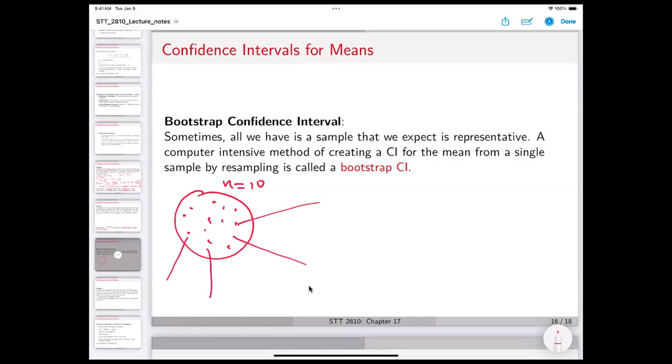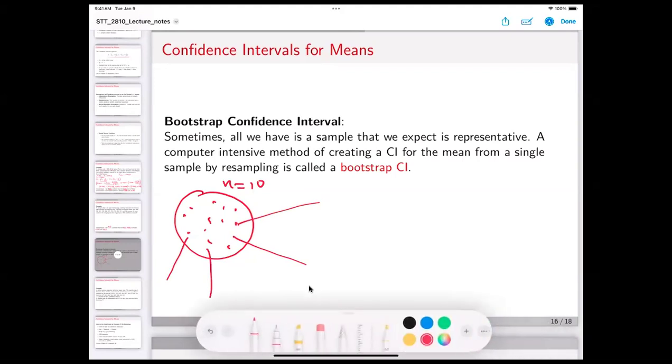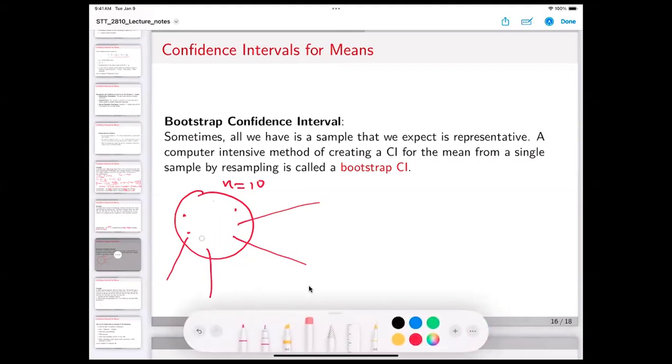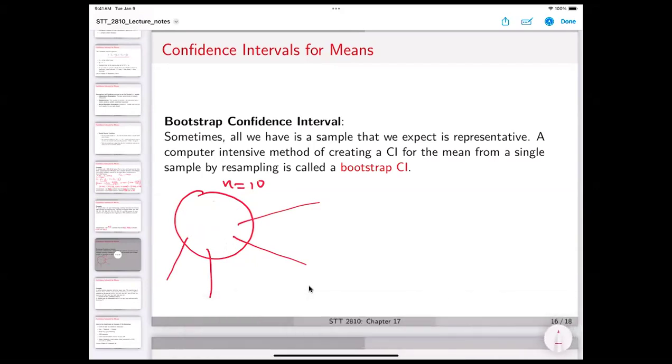So for example, let's say here we have 2, 4, 6, 8, 10, 12, 14, 16, and it's supposed to select 10 values.